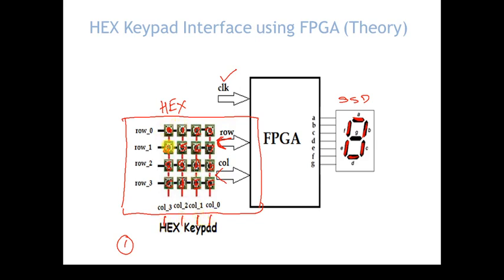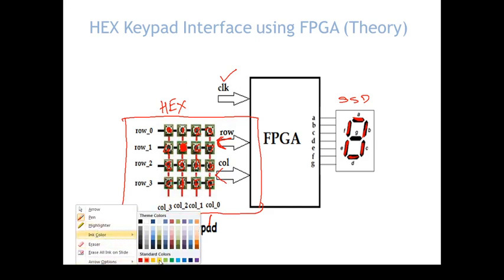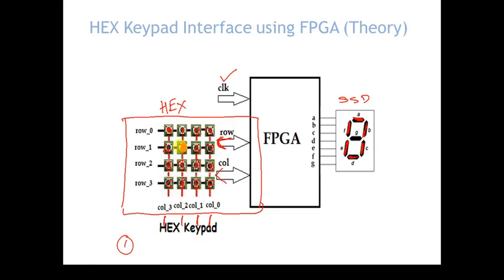Whenever any key is pressed, let us say this key is represented by the number 5, so this is the 5th key, and let us assume we have pressed this 5th key.